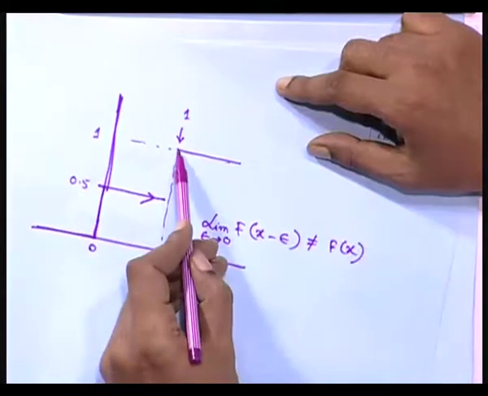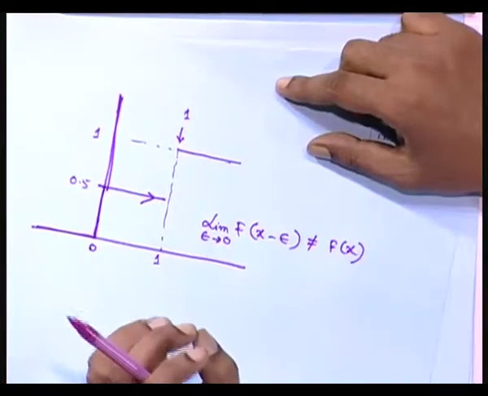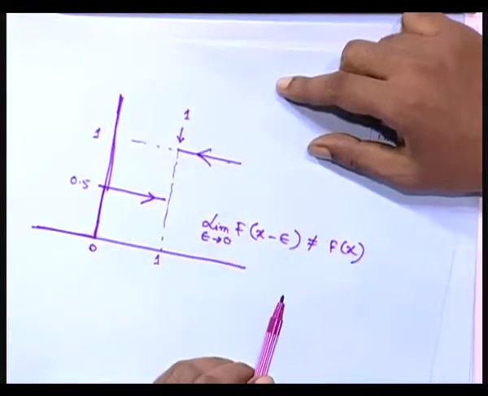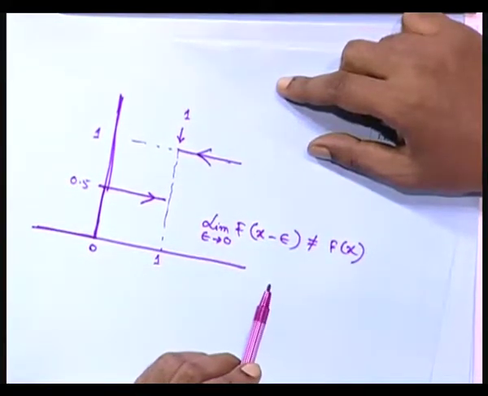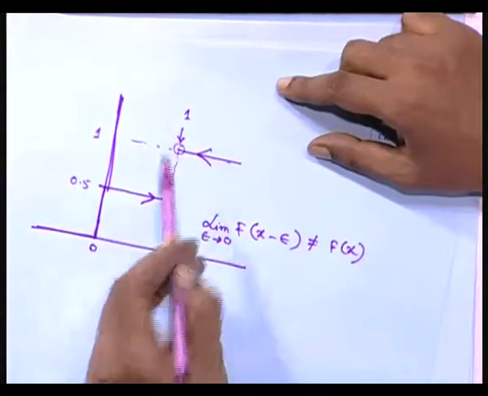But the moment epsilon becomes exactly 0, that is it becomes f(x), it jumps. This is because we are considering discrete jumps and the function is discontinuous. But from the right side, f(x plus epsilon), as epsilon tends to 0, will come to the function f(x). That is why it is called a right hand continuous function.